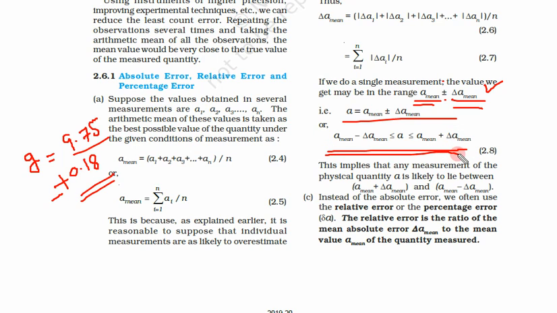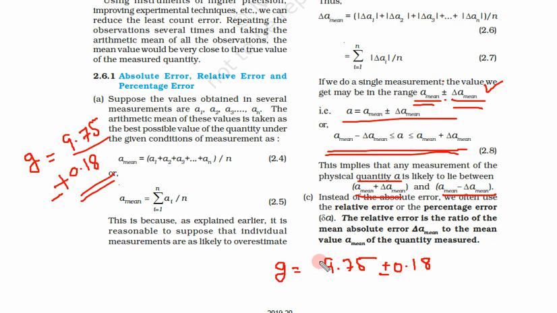So what is the meaning of this line? The meaning of this line is that the value of any physical quantity A lies between average value minus average error and average value plus average error. So suppose we write this g like this, 9.75 plus minus 0.18.